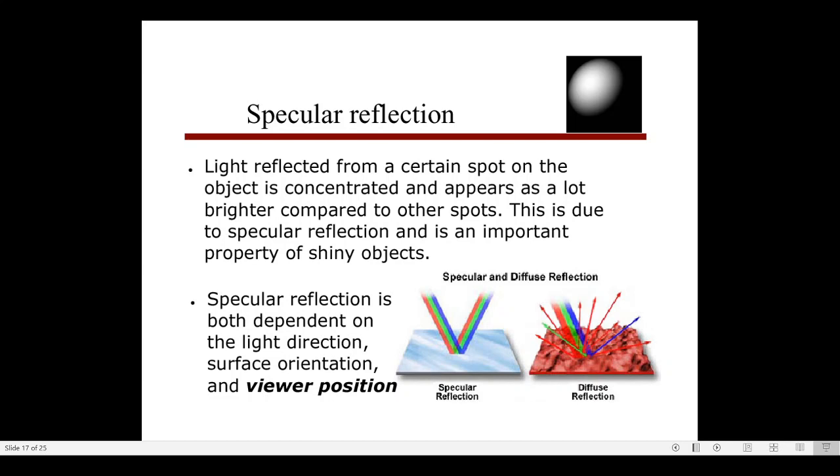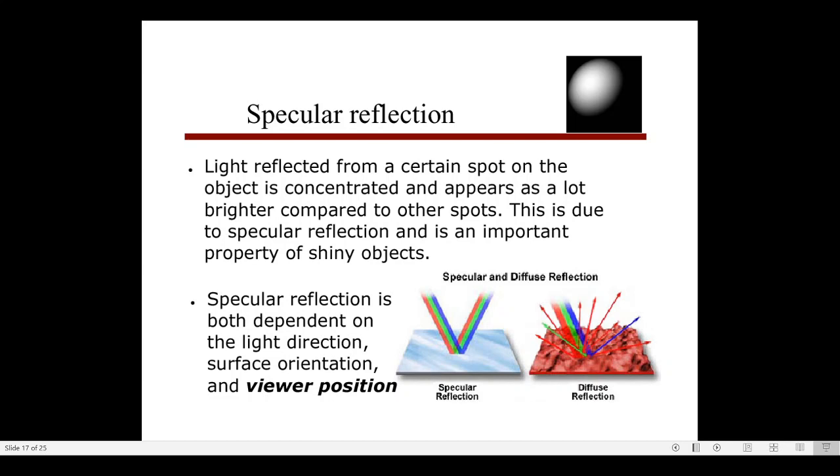Here you can see two diagrams, where one has a rough surface and one has a shiny surface. You can see how the light is incident on the surface and how the reflection is done. In a shiny surface, reflection is done in a very concentrated way, whereas in the diffuse reflection case, the reflection is done in many directions.